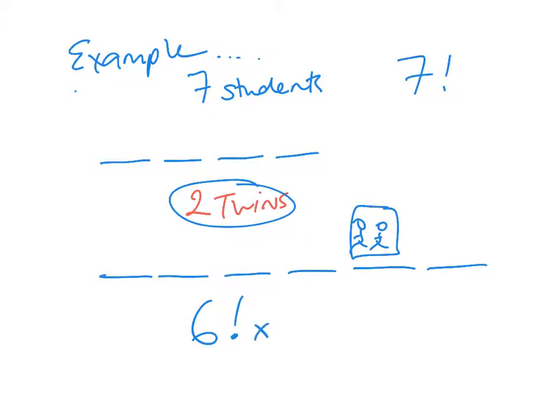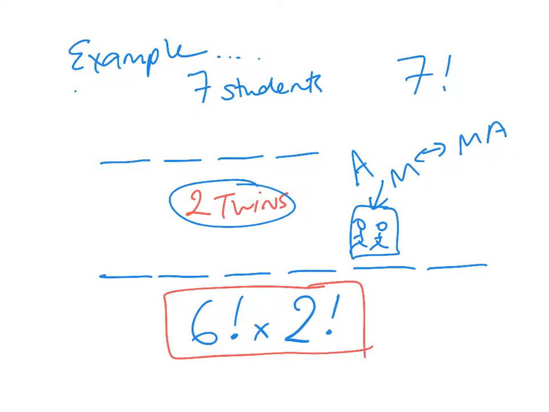But then we're multiplying it by the permutations or the arrangements that we can have of those 2 twins. Because there's 2 of them, there's 2 ways we can rotate them, okay? So we can have Arthur and Martha in that order, or Martha and Arthur. So that's the 2 different ways that we can rotate them. So there our formula becomes 6 places, and then the 2 twins here are also an arrangement within their place. So we multiply that together.